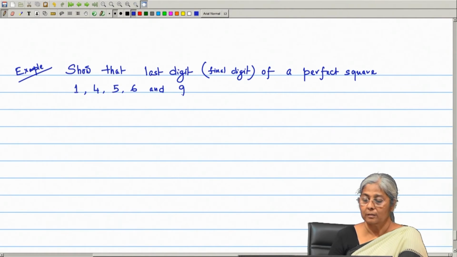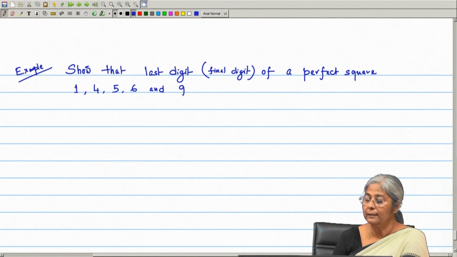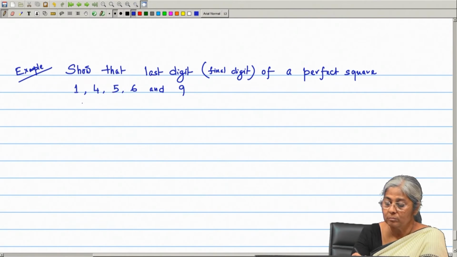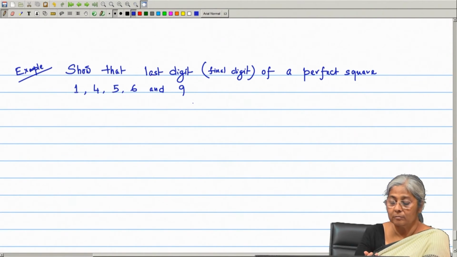So, we have to show that the last digit of a perfect square is only confined to these decimal digits 1, 4, 5, 6 and 9.